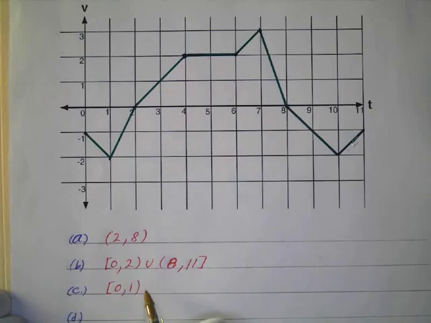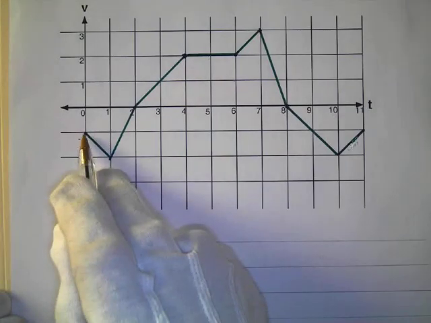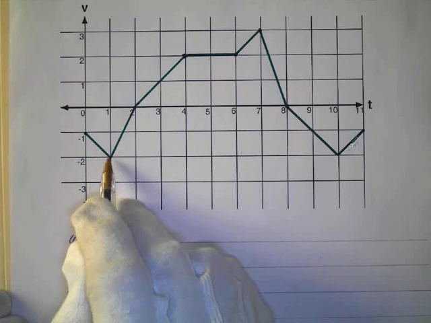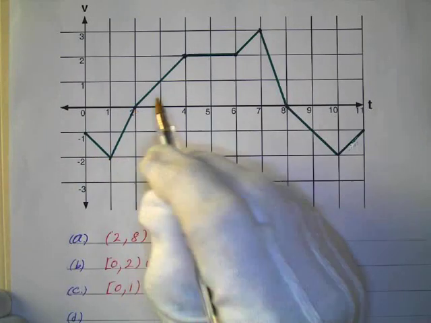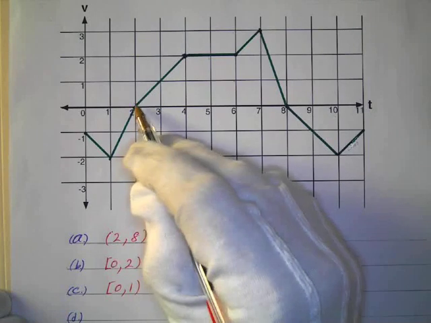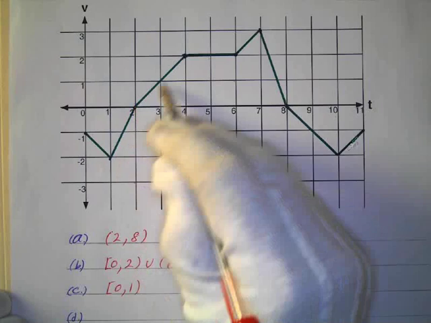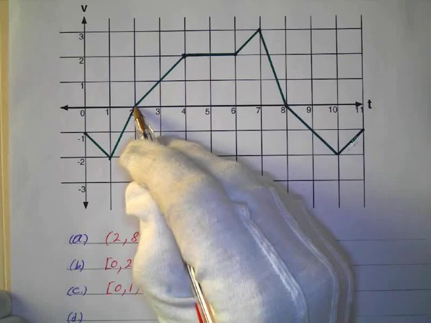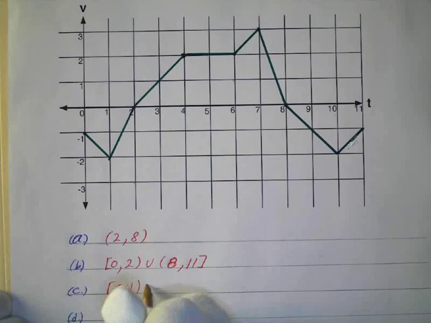Another way of thinking about that is whenever the graph is moving away from the 0. It's also moving away from the 0 after 2. Remember, it's not defined at 2, so the acceleration is not defined at 2, so we can't really talk about the speed. But after 2, it's moving away from 2 to 4.